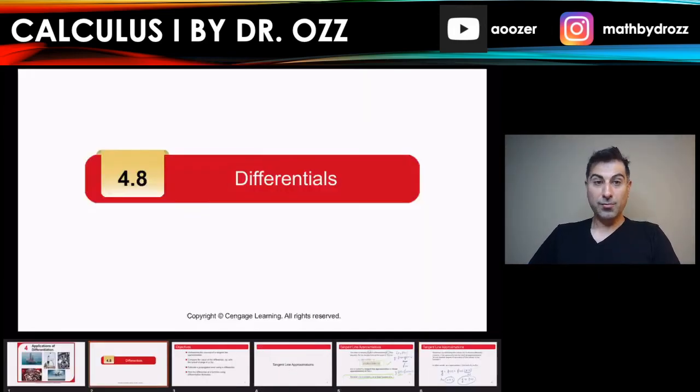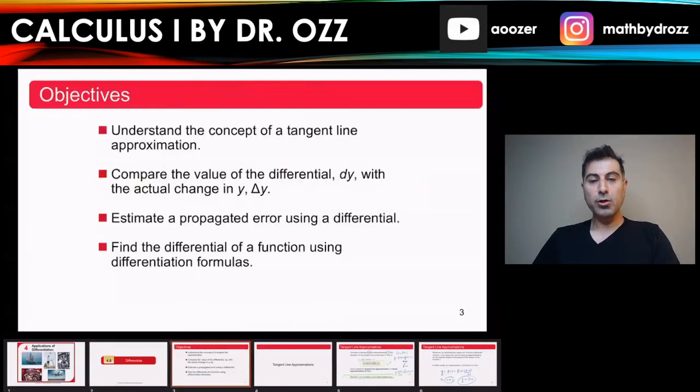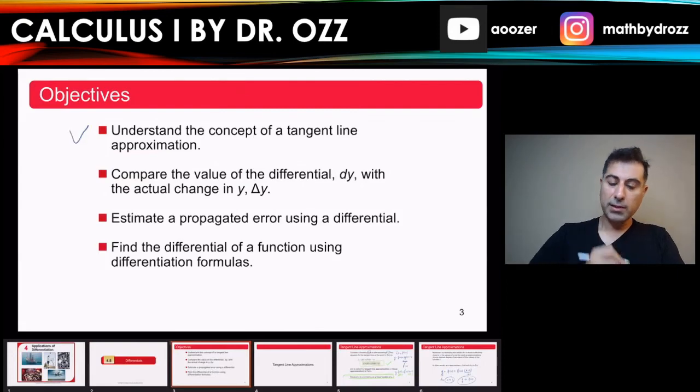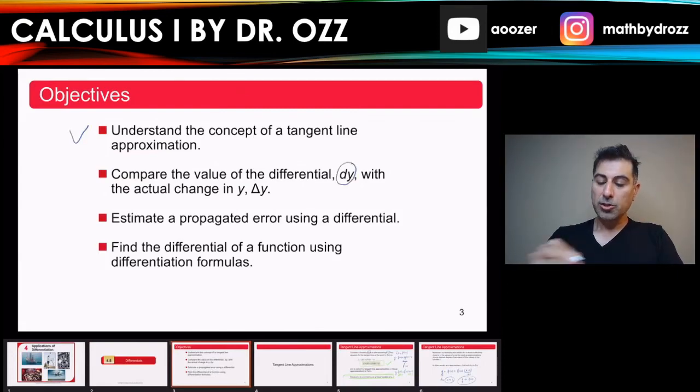All right, so today we discussed differentials, and we had 4 learning objectives to achieve. We first found a good tangent line approximation to a given function, and we were able to compare the approximated change of the values of the function versus the actual change of the values of the function at a point x.